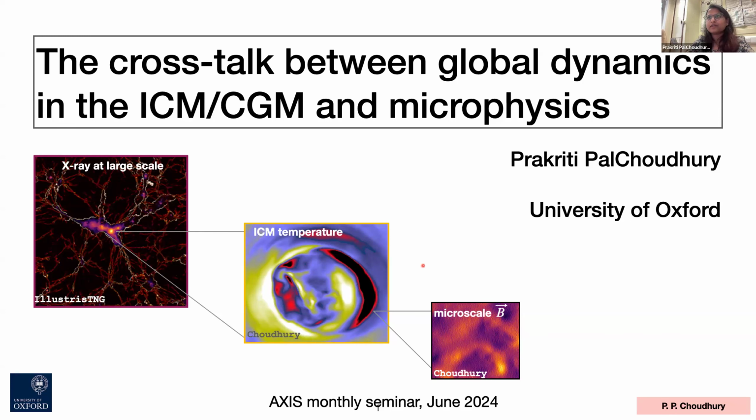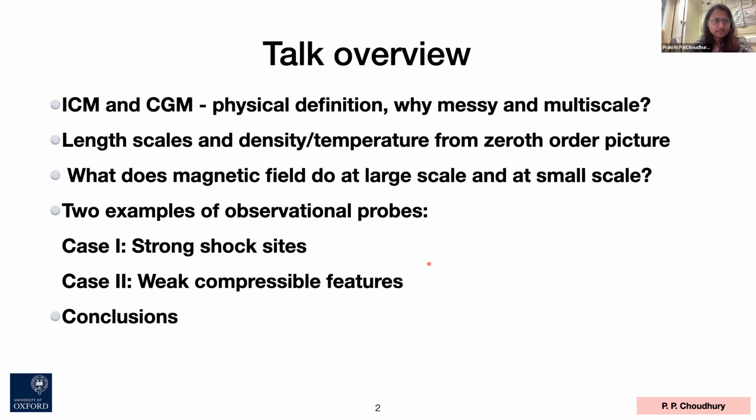So the roadmap of this talk will be, I will first discuss what the intracluster medium and circumgalactic medium are, because the audience is not just from the cluster community. Although the medium is very messy, I will start off by trying to find some patterns, some length scales, some temperature scales, and then put together some zeroth order picture.